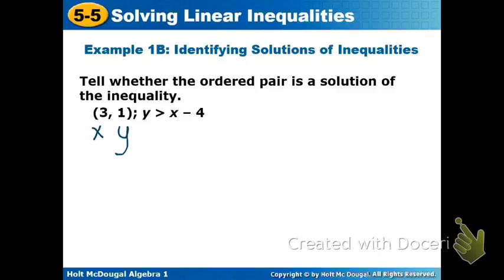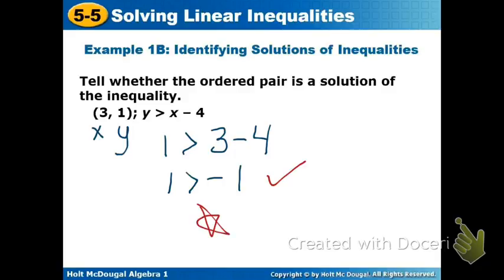So we plug it in, we get 1 is greater than my x, which is 3 minus 4. Okay? That right-hand side, we've got 3 minus 4. We have to simplify that, which is negative 1. So this reads 1 is greater than negative 1. And is that true? Yes, this is a good one. So that coordinate point 3, 1 is a solution to this inequality.